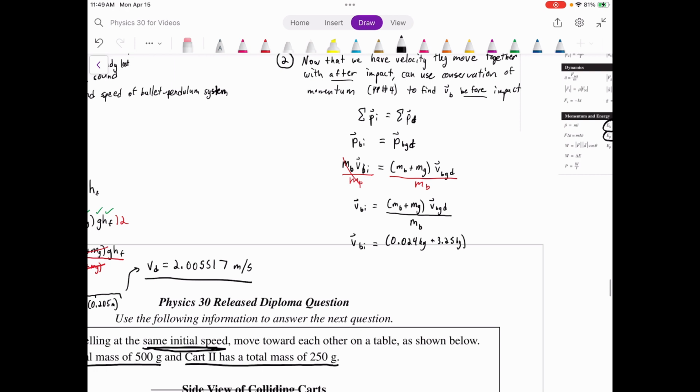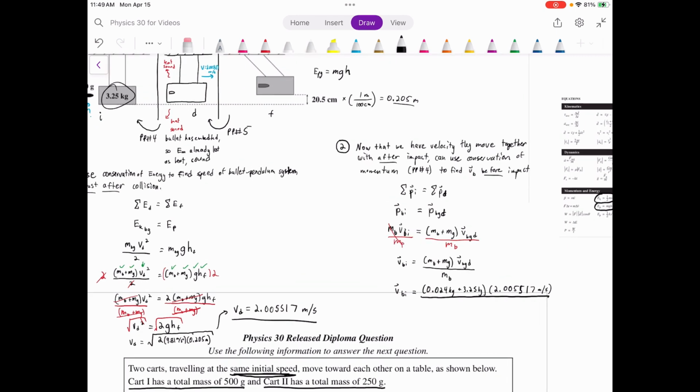Well, we figured that out in the last step, that in the moments after impact, they must have been moving with this speed in order to reach that height, following the law of conservation of energy. And now we want to divide that by the mass of the bullet.